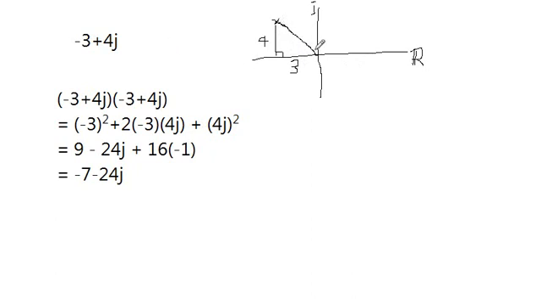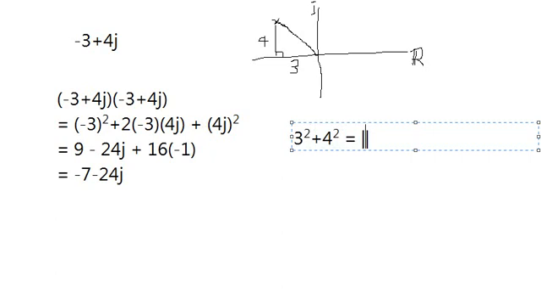To find the modulus, you just need to do the basic Pythagoras rule, which is 3 squared plus 4 squared will be equal to the modulus of alpha squared. I'm not sure how to type alpha, but I'll just type A, I guess.